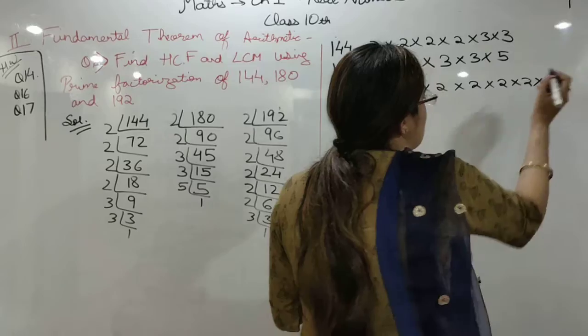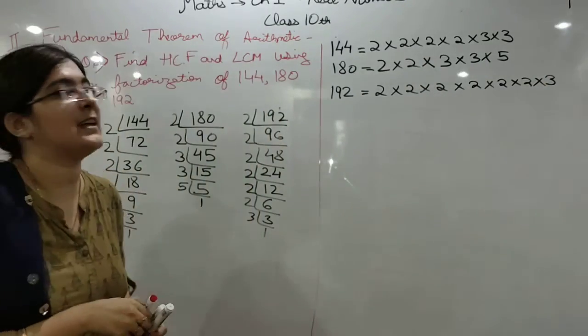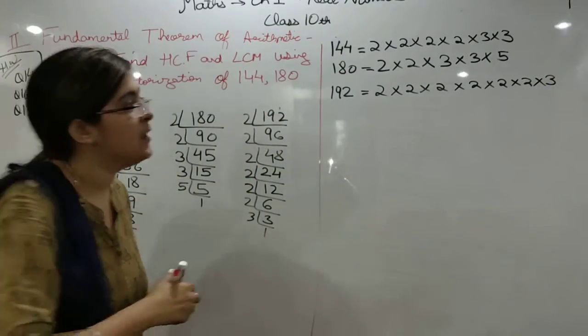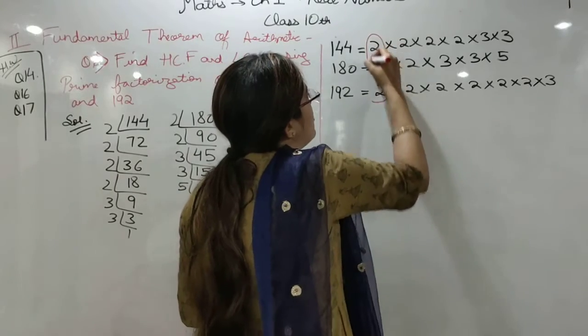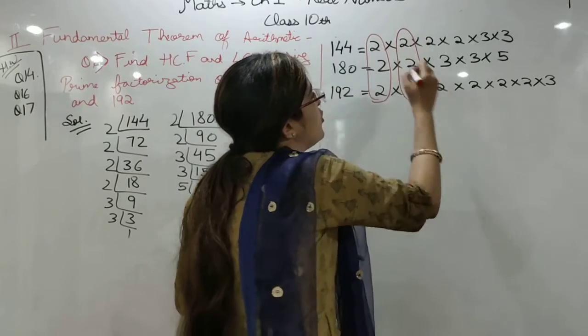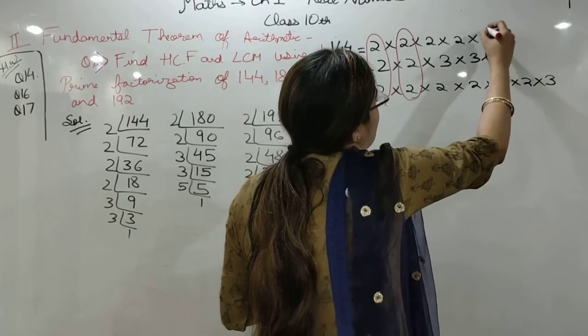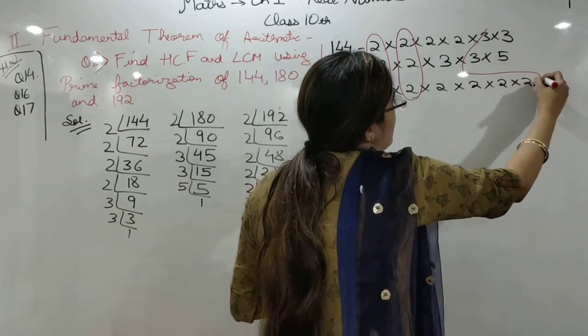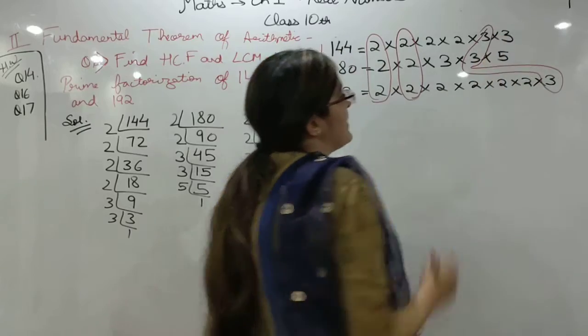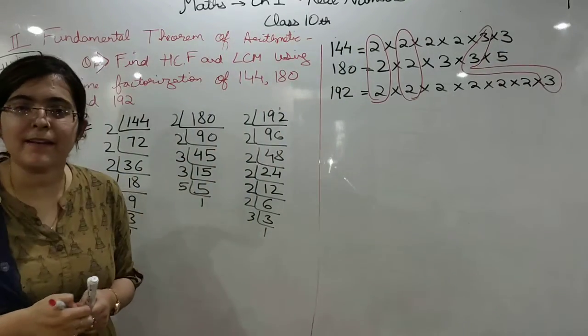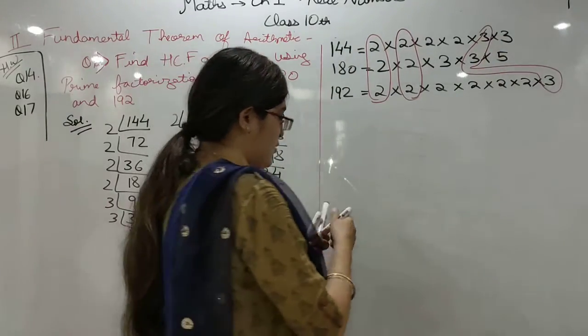So what will be your HCF here? We will find the common factors in all the three numbers. First we get 2, then again 2, then we can take 3. That's it, nothing else is common. So what will be your HCF, students?